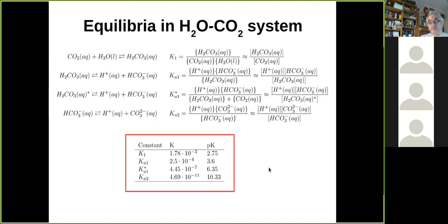Thank you. I'm a bit confused by the final pH of the ocean, looking at these equations, like equilibrium.